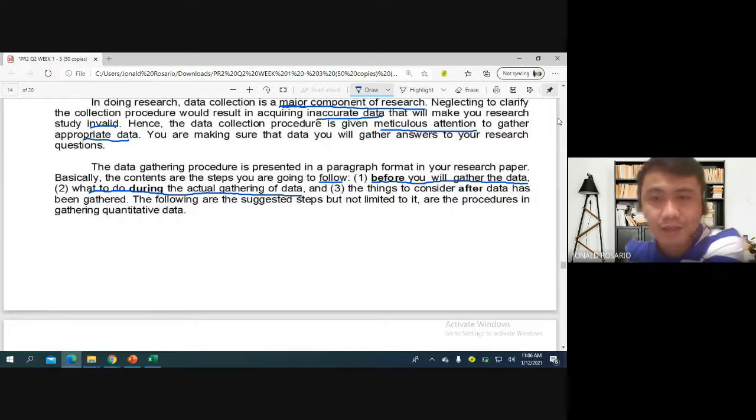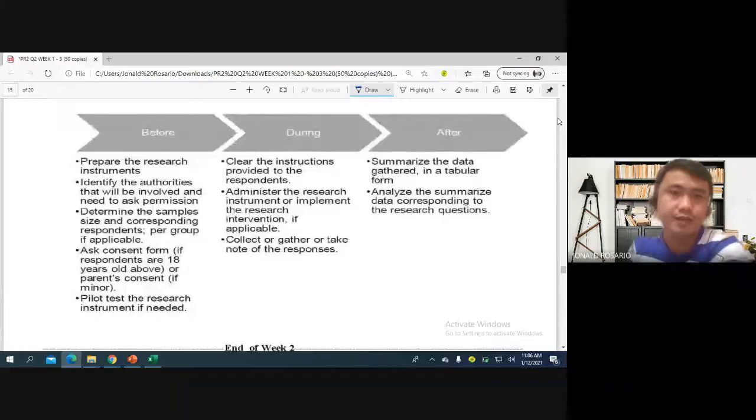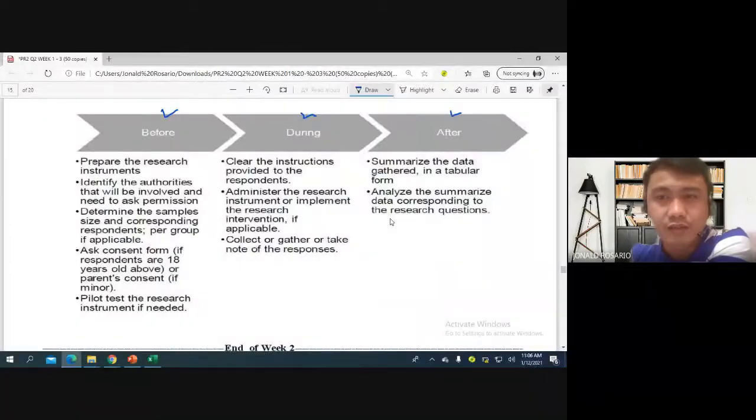Number 3, the things to consider after data has been gathered. Pagkatapos ng pag-gather mo ng data, ano nang gagawin mo dun sa nakolekta mong data? I-state mo din. Okay, so the following are the suggested steps but not limited to it. So mayroong example dito. Ito yung example, so pwede ninyong gamitin na lang ito.